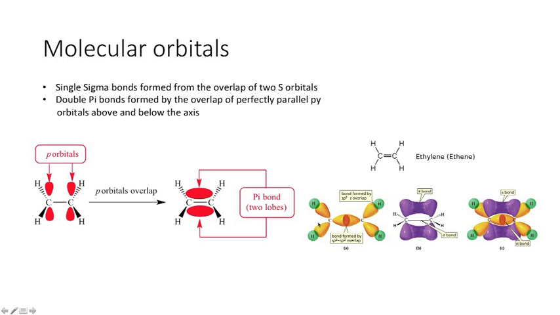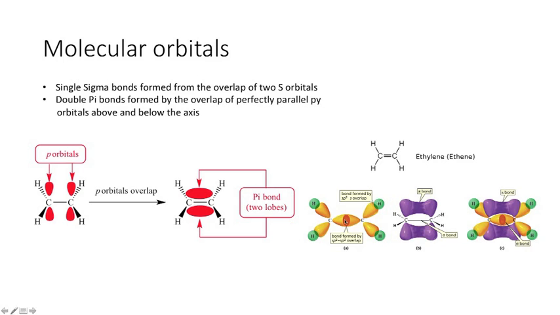Molecular orbitals. The bonding in alkenes is a bit different to alkanes, given that they have a double bond. Effectively, they have single sigma bonds from the overlap of two s orbitals, as you can see, which will be represented as the one line.